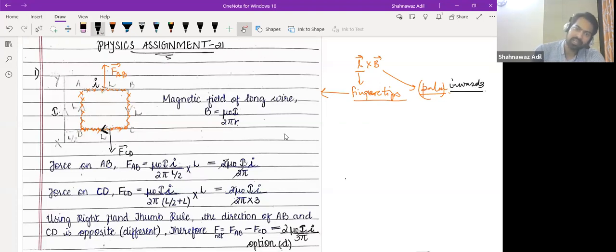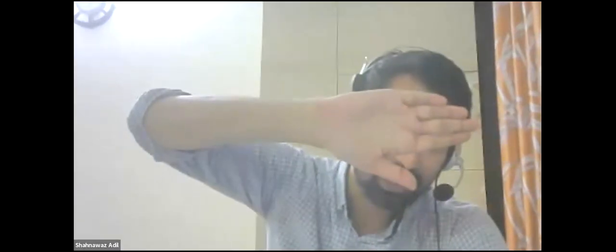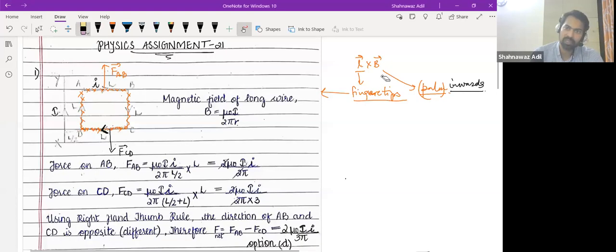That is why this is left and palm inside. So understood? Yes, sir.